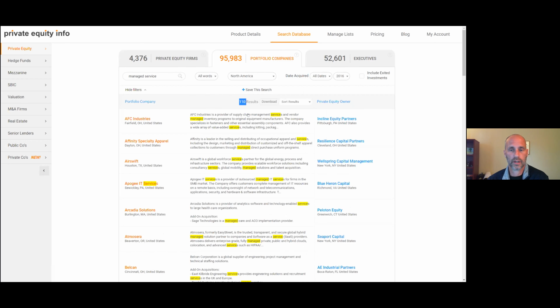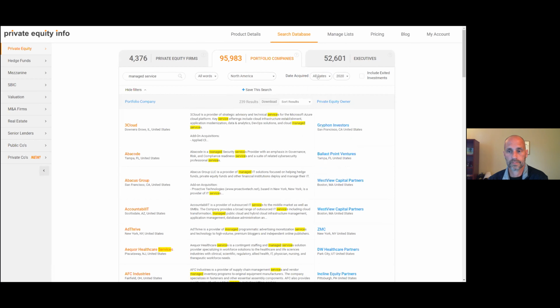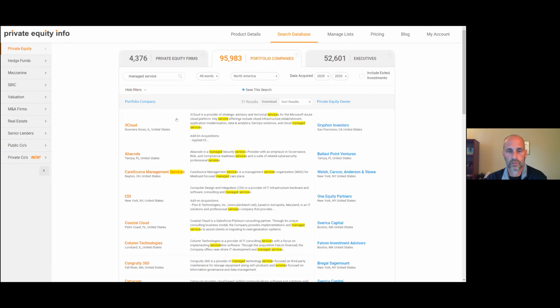So here's 110 private equity firms that have managed services, which is an IT kind of thing, that they purchased all of these 4+ years ago. Or you could look at who's done it just in 2020. So there you go.